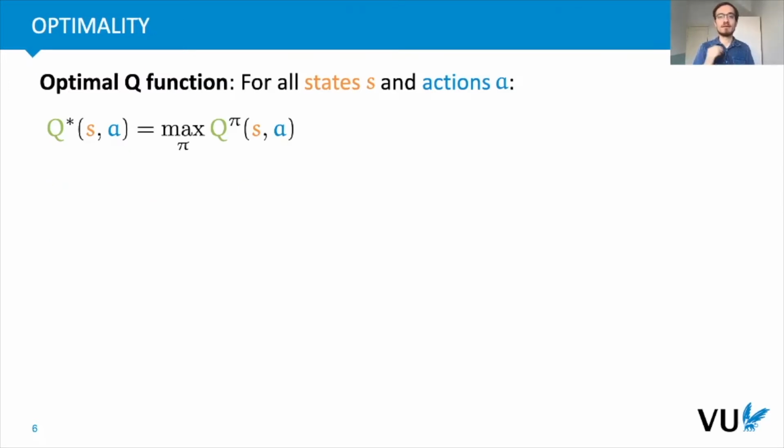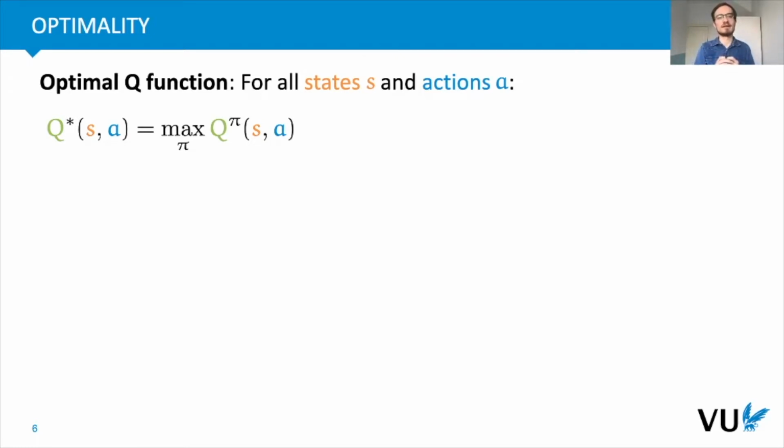A cool thing about Q functions is that we can talk about the optimal Q function. The optimal Q function is the Q function that maximizes over the policy. Or basically, the optimal Q function is the Q function for which the policy is the best, so it gets the highest expected value.